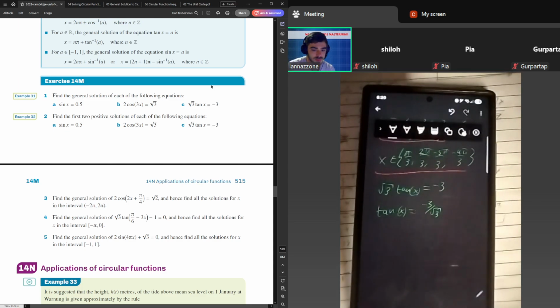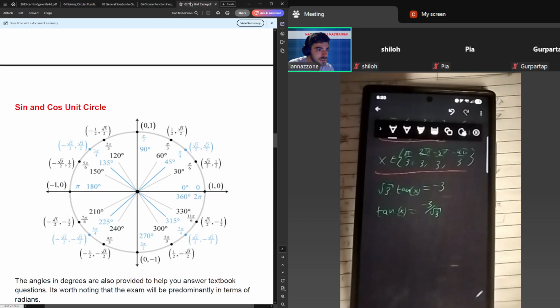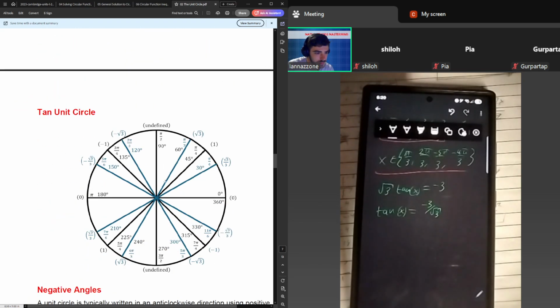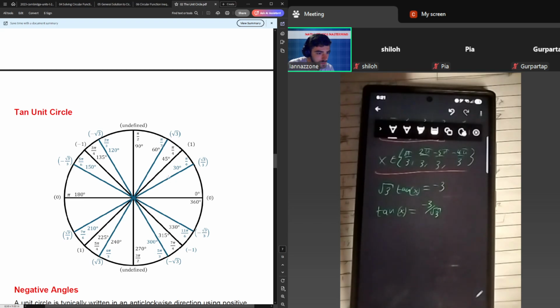Now you are going to run into a bit of an issue if you can't remember a specific technique, the issue being that it appears that this isn't going to be on the unit circle. It appears that way anyway. Would it be that we have to look at the sine and cos circle, and look at the x and y and see which ones divide to that value? You absolutely could do that.